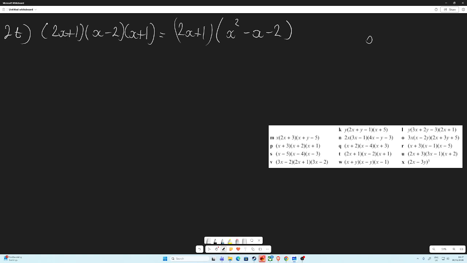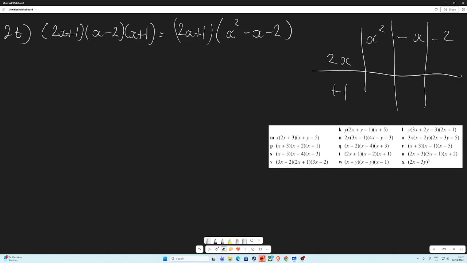So again, we're going to have x squared minus x minus 2 times 2x plus 1, which is 2x cubed minus 2x squared minus 4x plus x squared minus x minus 2. So the answer is 2x cubed minus x squared minus 5x minus 2.